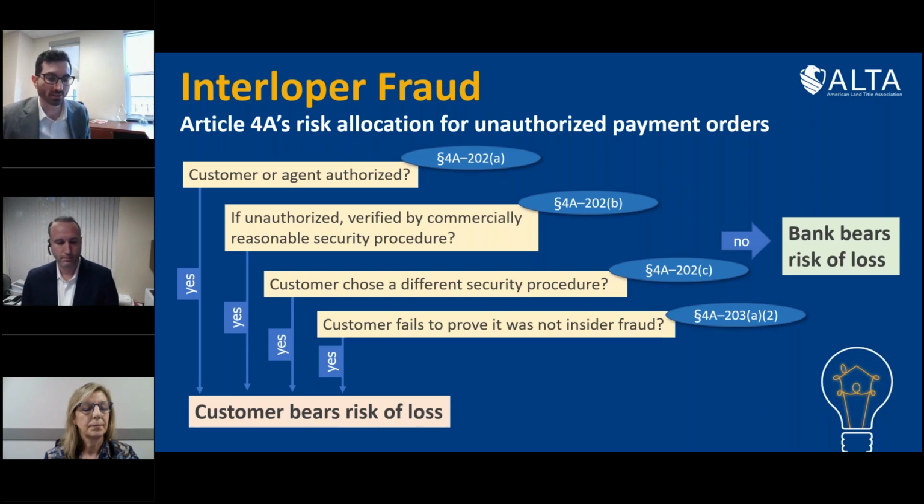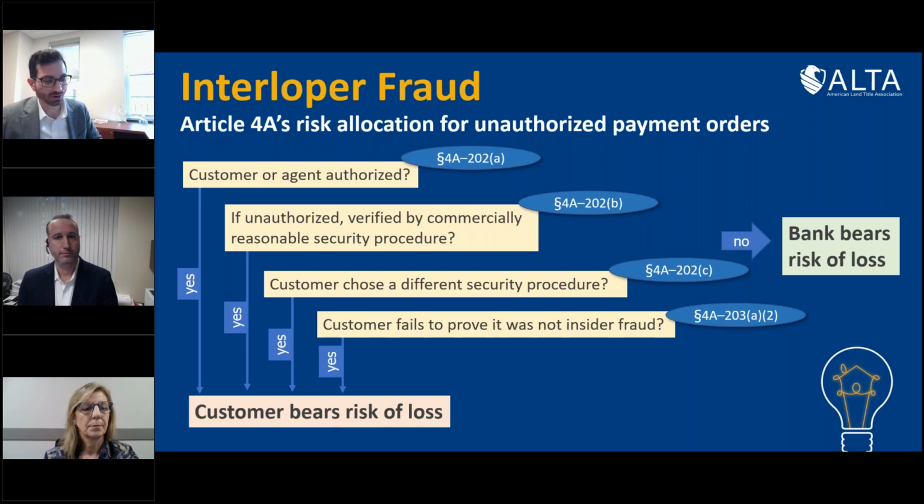Moreover, even if the wire was not authorized, if the bank uses a commercially reasonable security procedure, which is a question of law for a judge, that doesn't go to a jury under 4A, the customer also bears the risk of loss. This is also the case where the bank offers some security procedure, but the customer selects another one. So for example, if the bank offers multi-factor authentication with some sort of physical token to initiate a wire and the customer declines, the customer might bear the risk of loss for wire fraud.